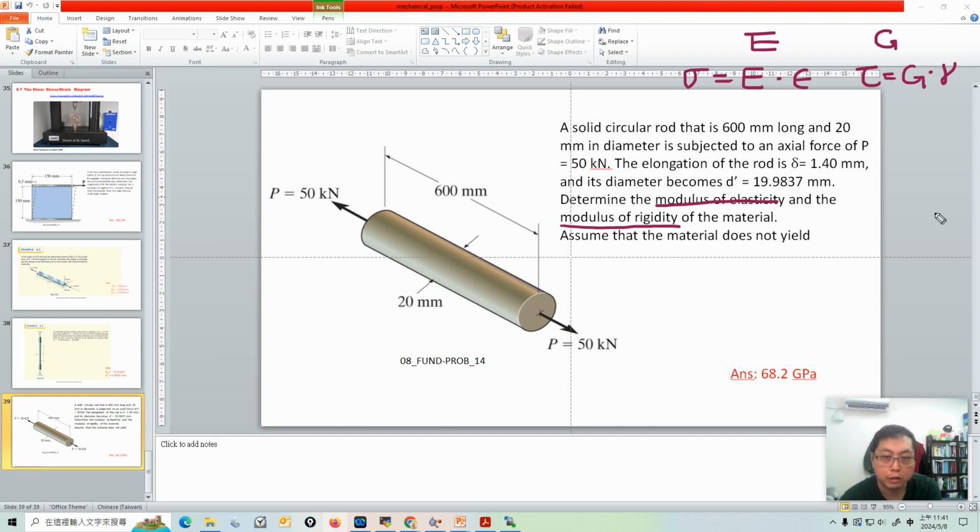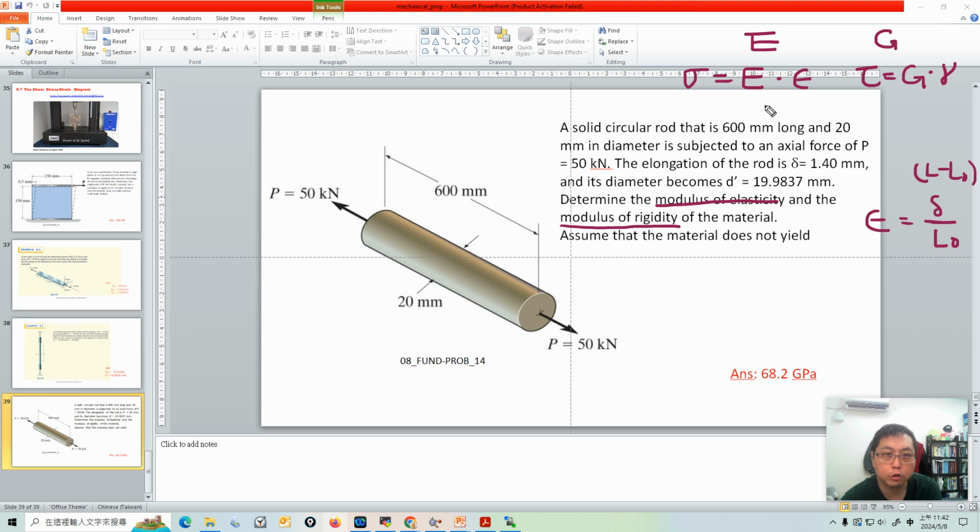The strain is the deformation divided by L0, that is L minus L0, divided by L0. So for this problem description, we can have the normal strain and normal stress.